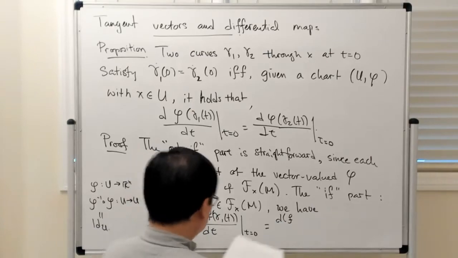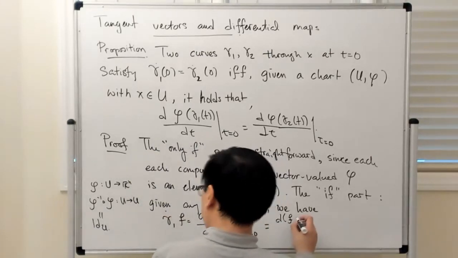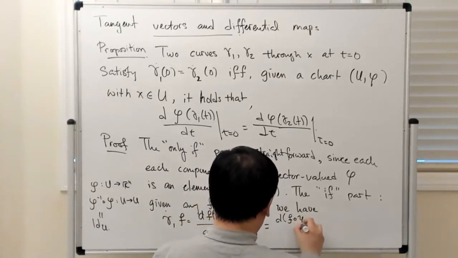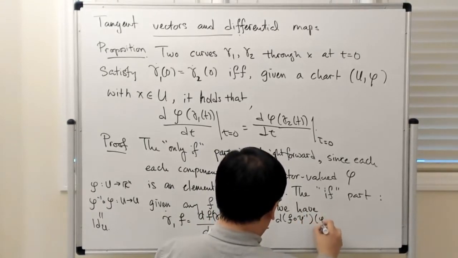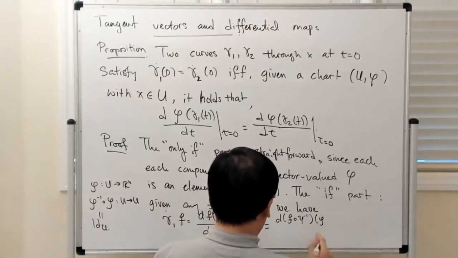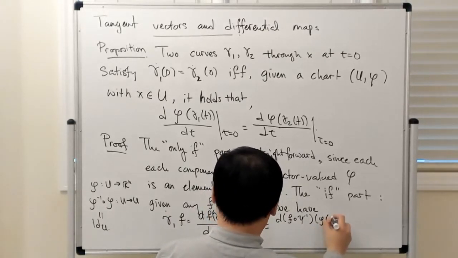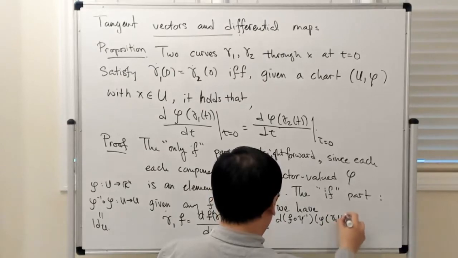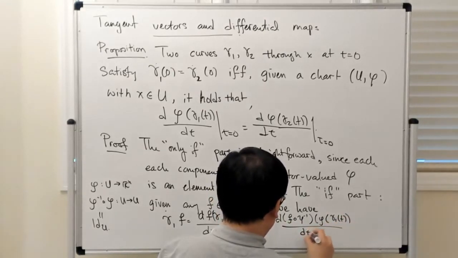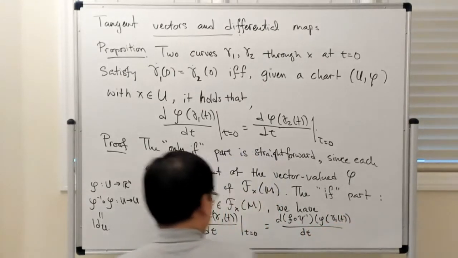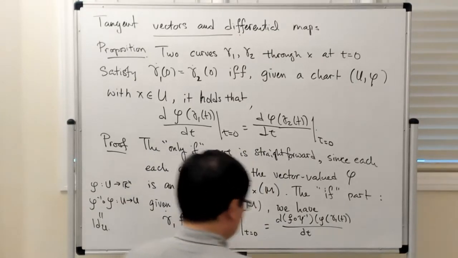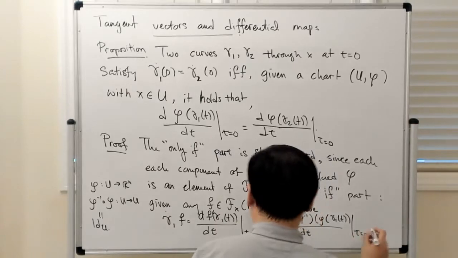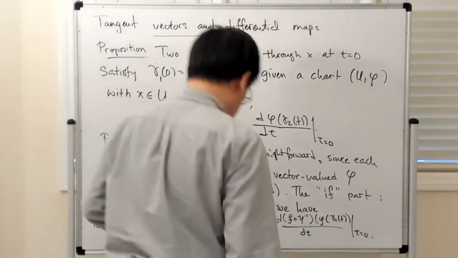And so I can look at this composition where I compose this with the chart and its inverse, the inverse of the chart composed with the chart, evaluated at t equals 0.